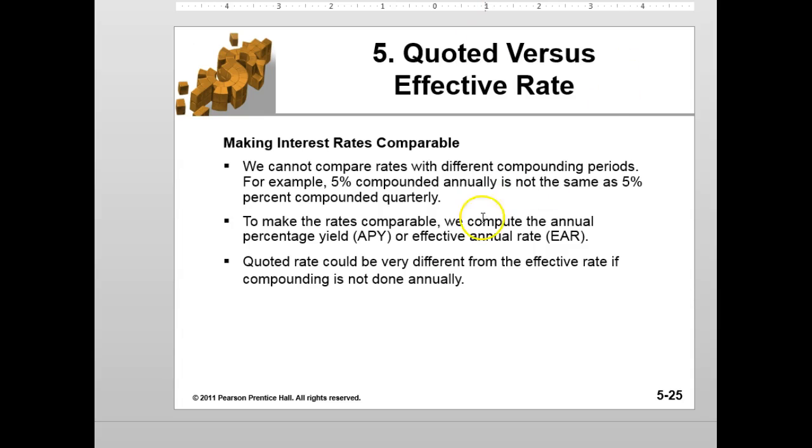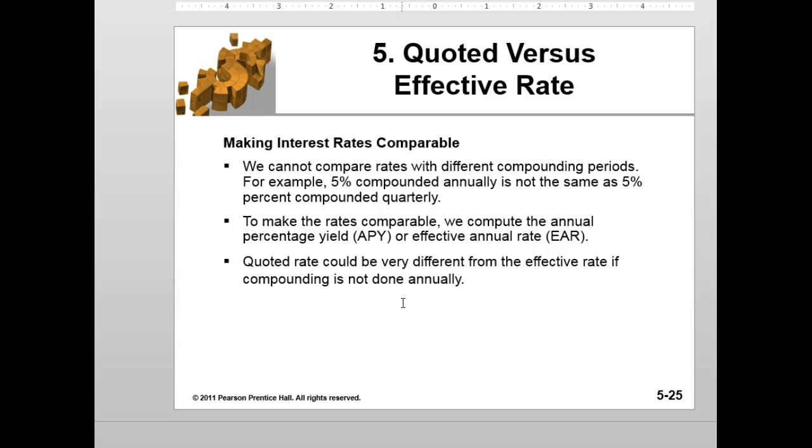So when you do that, even though the rate that's quoted is, say, 5%, when all of this compounding is taking place multiple times during the annual year, you'll come up with a different rate, effective rate, and that's called APY, or EAR. So the quoted rate can be different from the effective rate of what the loan or the annuity actually yields, okay? And that's because the compounding is not done annually, but it's done several times throughout that annual period.